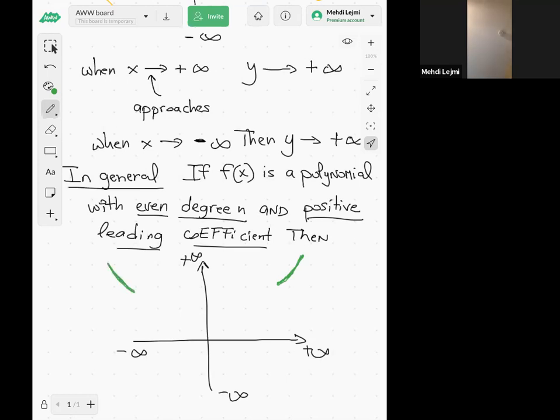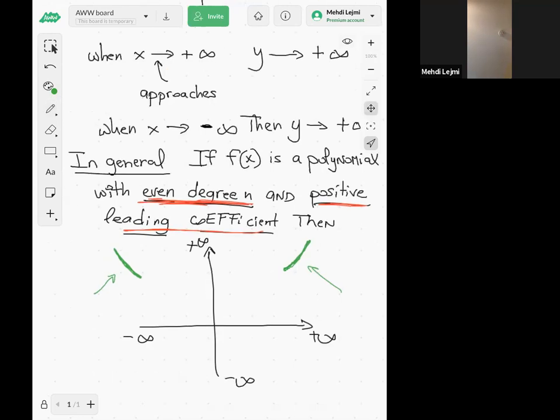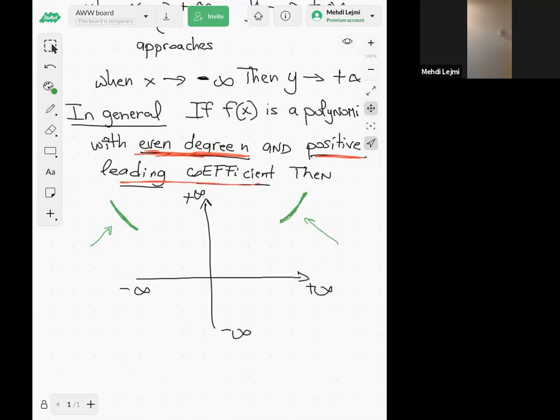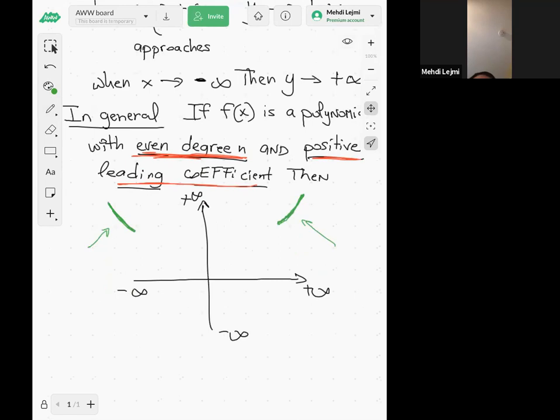So what I'm saying, guys, is whenever you have a polynomial with even degree and a positive leading coefficient, then your graph looks like this at infinity. So this is when the degree is even and the leading coefficient is positive.